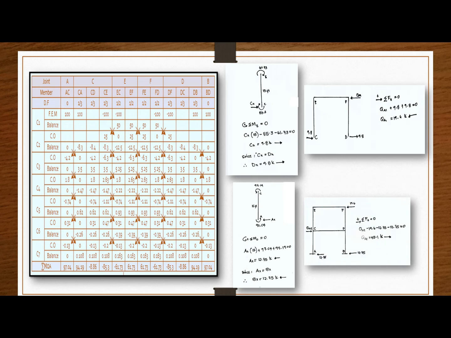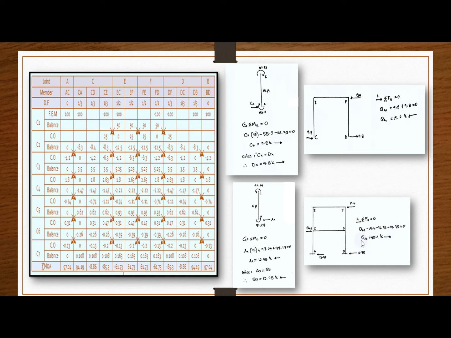Next is our summation for QA2. So all numbers to the right is positive. So summation of forces H is equal to 0. So our QA2 minus 19.6 negative, minus 12.75 negative to the left, minus 12.75 to the left also, kaya naging negatives, is equal to 0.